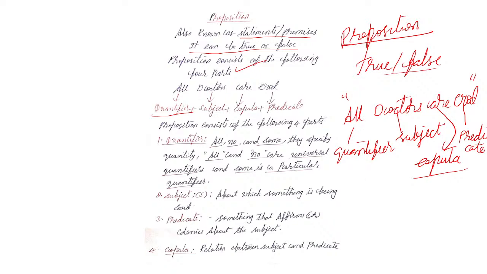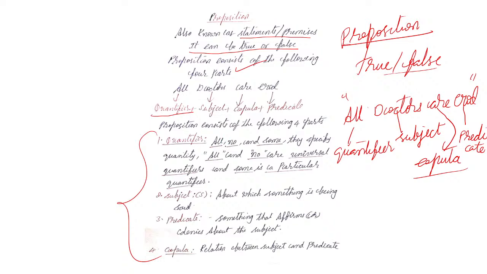Here all is the quantifier. Quantifier means it is telling the quantity, right? Quantity means how much. All or none or some are like that. Okay, this is a quantifier. And doctors is called the subject. R is a copula and God is a predicate. Here I wrote all the definitions. We will see now.